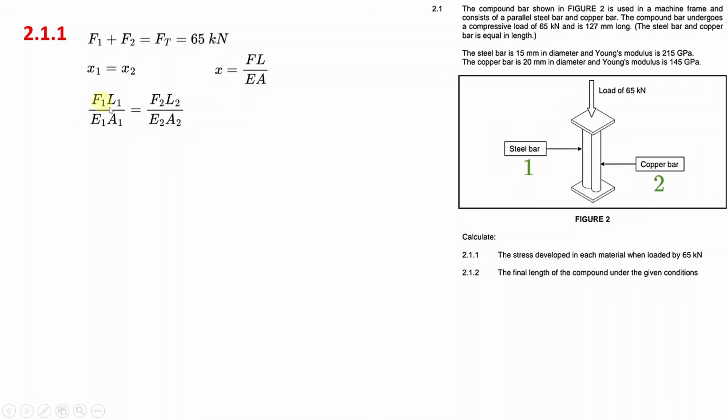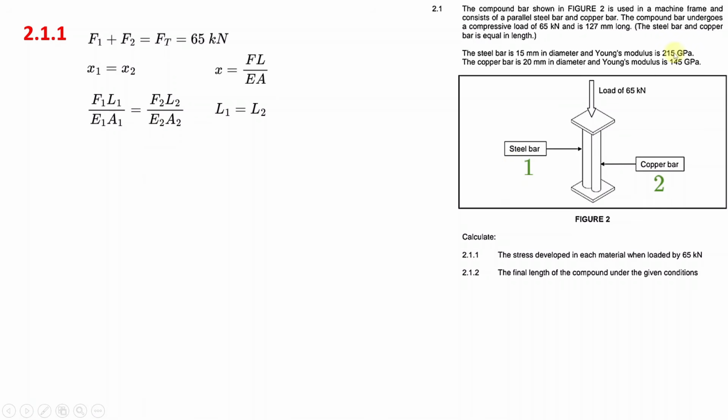So in this case, F1 is not equal to F2. However, L1 is equal to L2. The length of the steel bar is equal to the length of the copper bar. Now, E1 is not equal to E2 because you're dealing with two different materials. You have steel and then you have copper.